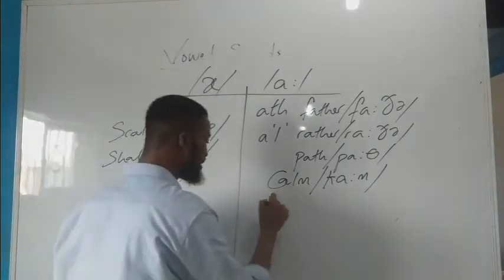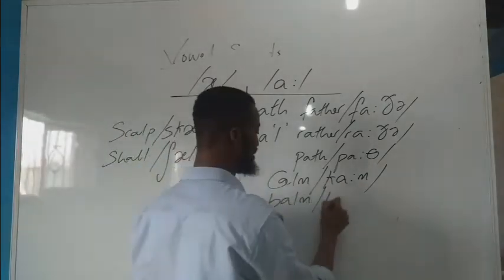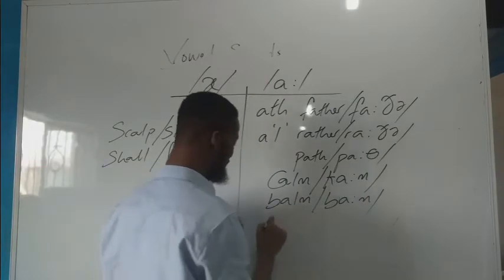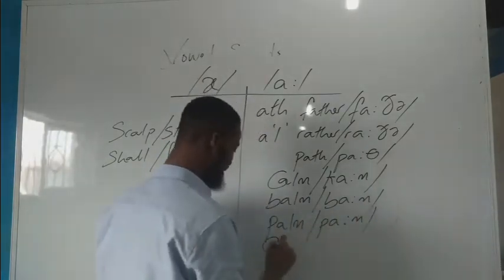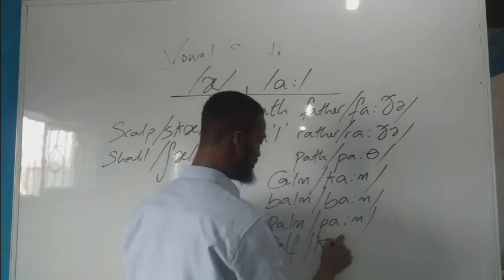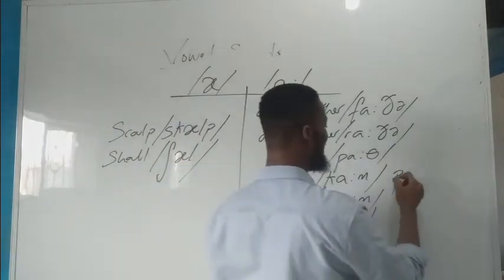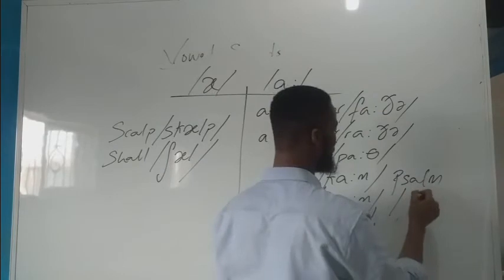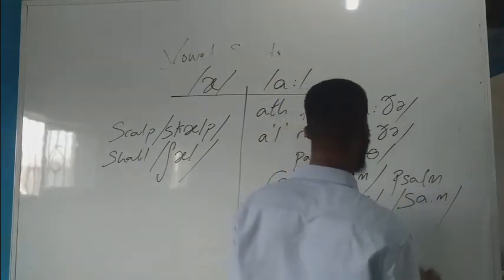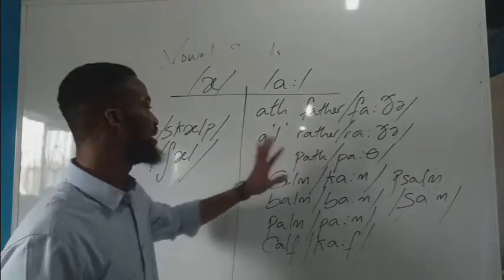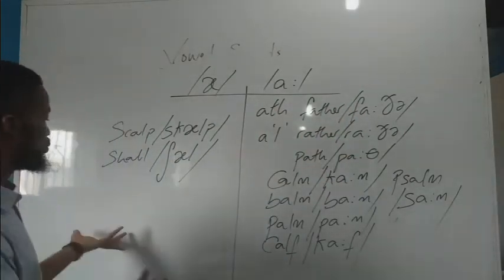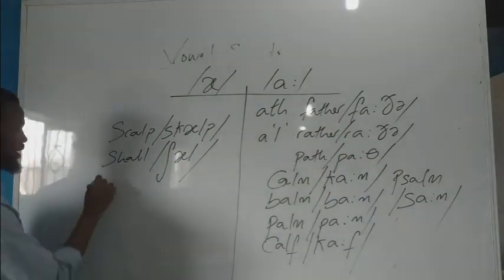But when I have words like BALM, this is balm. If I have PALM, this is palm. If I have CALF, this is calf. And PSALM is also pronounced as psalm. So we need to know that ATH will give us a long sound, AL will also give us a long sound. Let us dwell here a little. Certain words occur here.